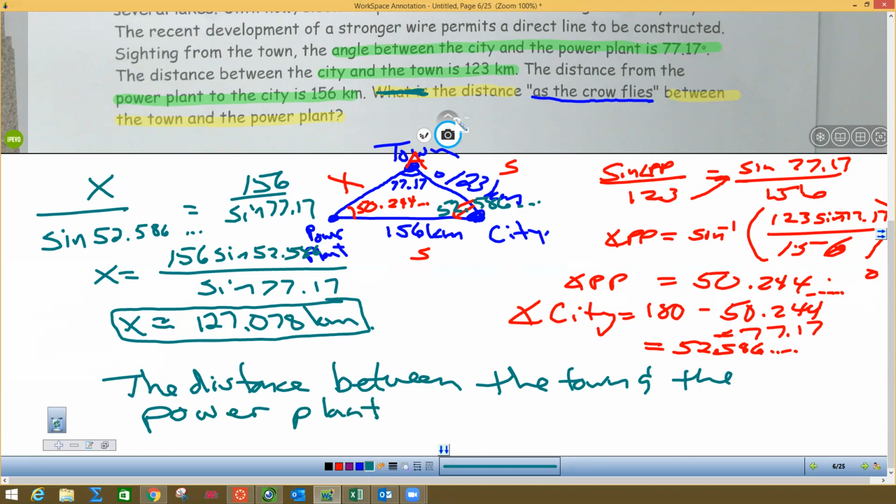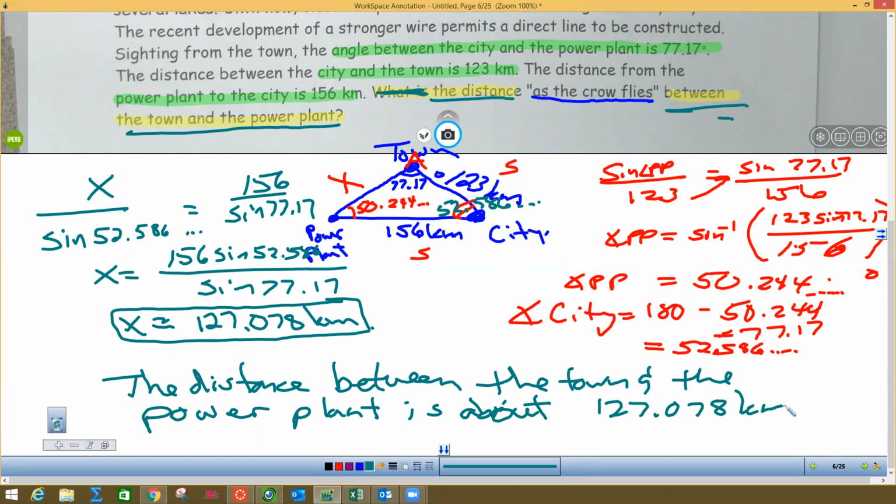Y'all see how I just took what was up here, the distance between the town and the power plant. You see how I use that? That's what you should do. And you should say is, and I'm going to put about because we rounded. I'm going to say is about 127.078 kilometers. Now that's how you're supposed to answer a question in a story problem.